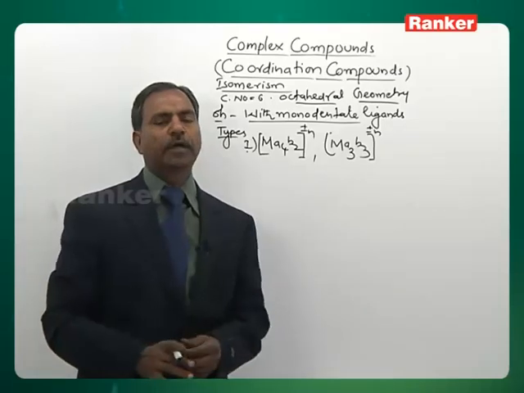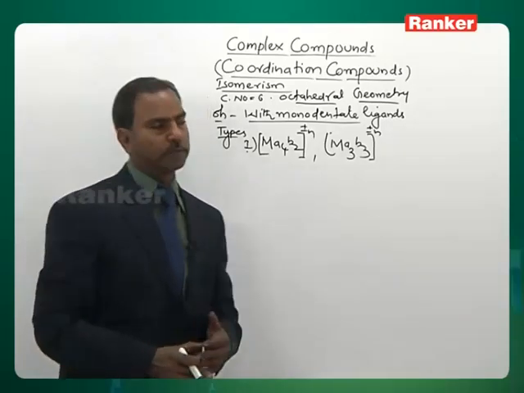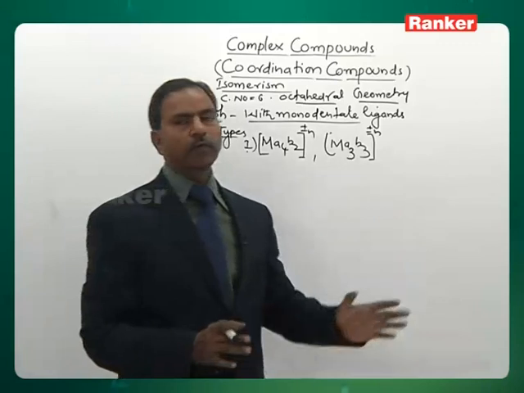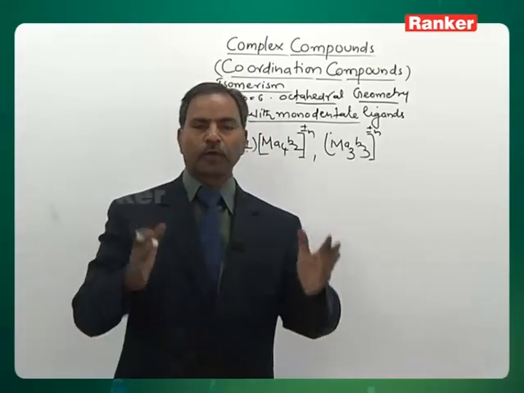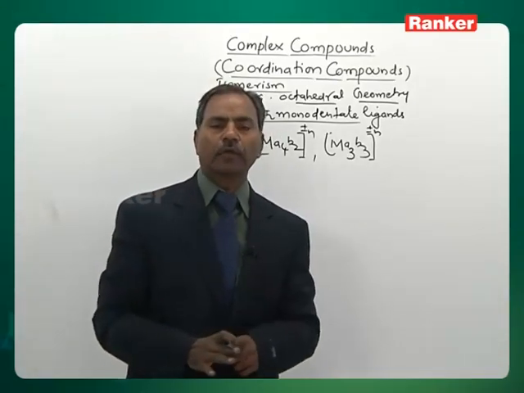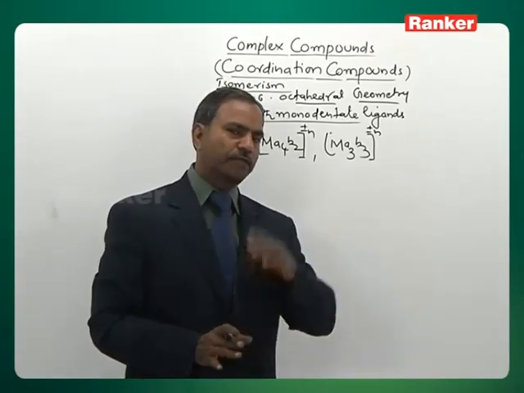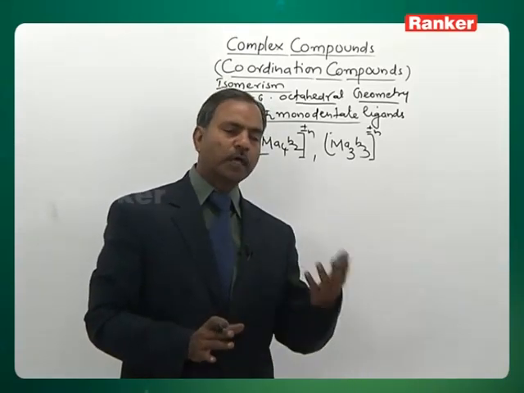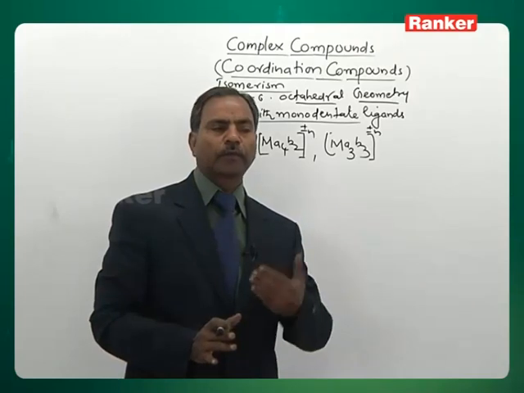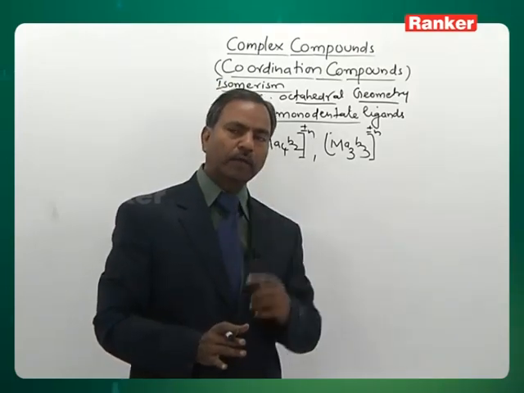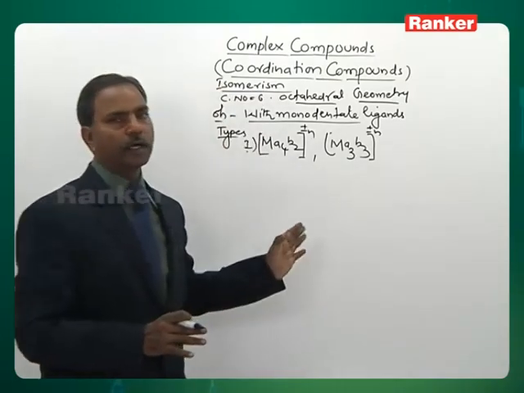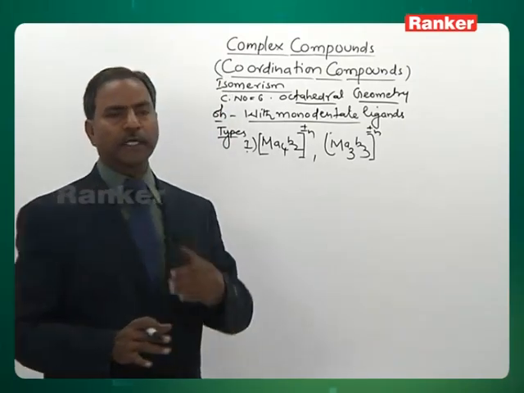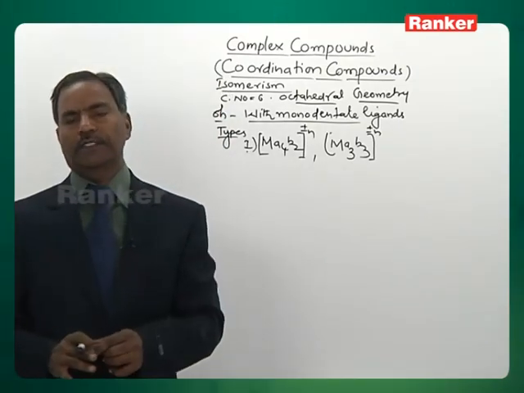Either you take the cis isomer or the trans isomer, the cis and trans isomers of both of these complexes are found to be symmetric. We can cut them into equal halves. They obey symmetry elements, either plane of symmetry, center of symmetry, or axis of symmetry. These are symmetric complexes, whether you take cis or trans geometries.